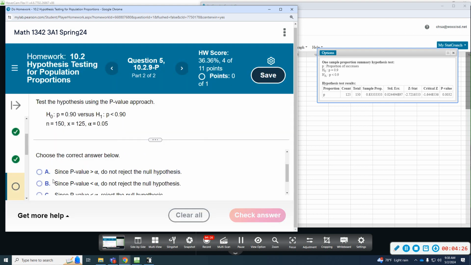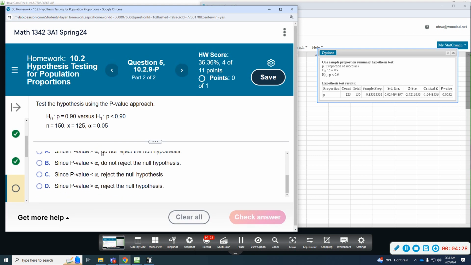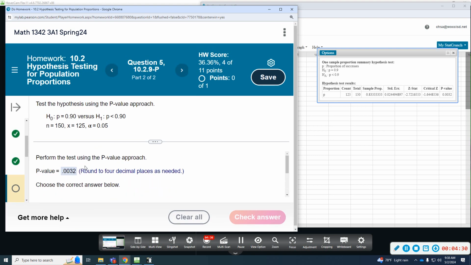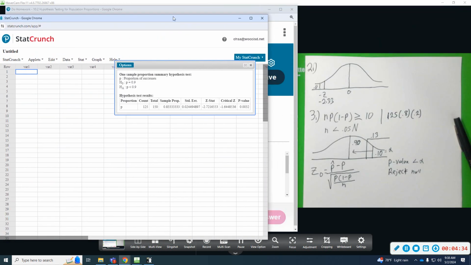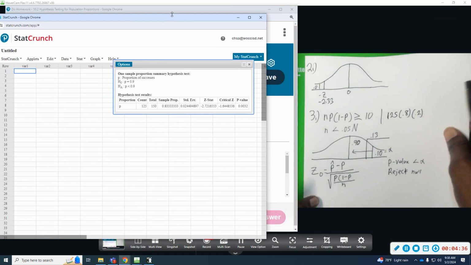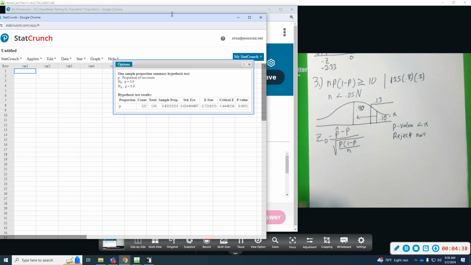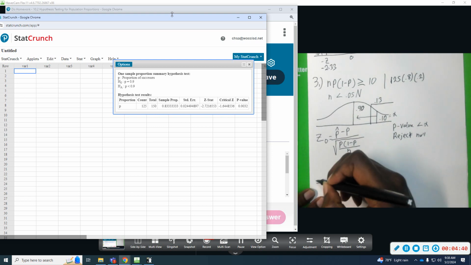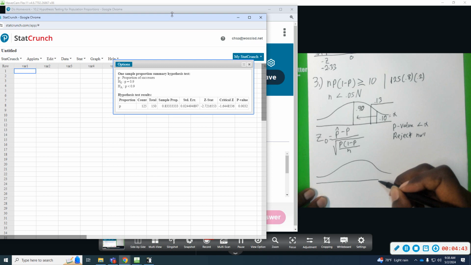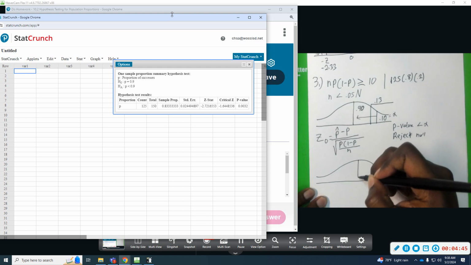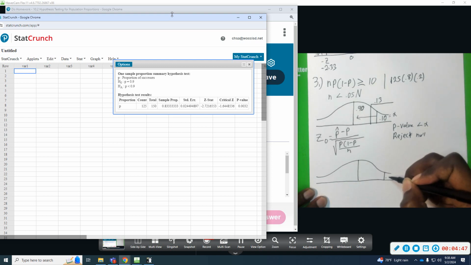All right. So comparing 0.0032 to 0.05, if I drew this out, that's 5% and that's almost 1%. I'm giving myself a 0.05 error, and this is alpha, and then my p-value is way over here.